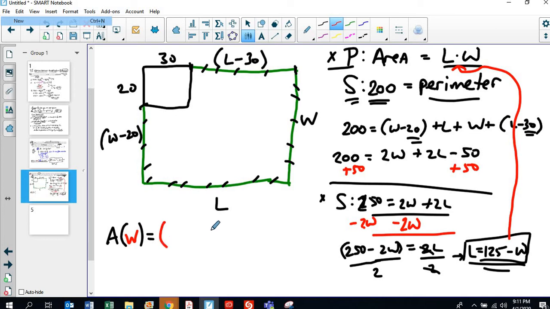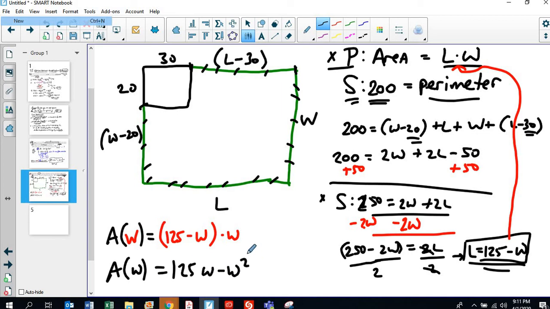So L is 125 minus W, and then we're going to multiply that by W. That's going to be our equation. So this is why you don't make videos late at night after you've been working on the computer all day. So you get 125W minus W squared, and that is our primary function, folks.